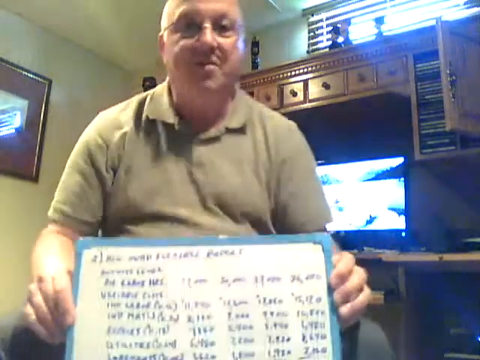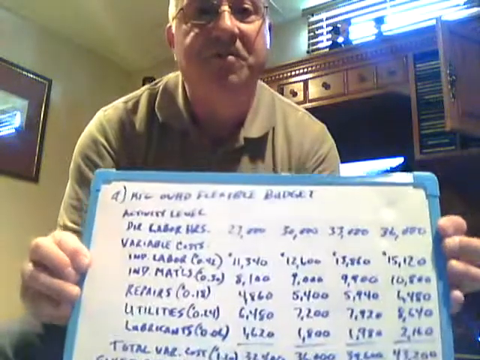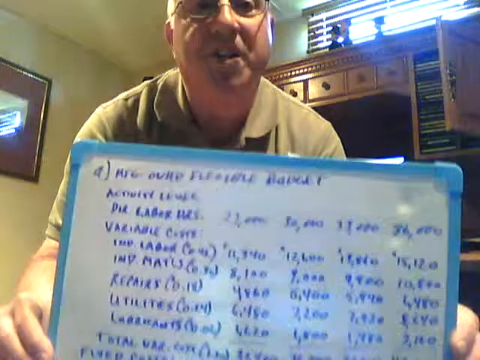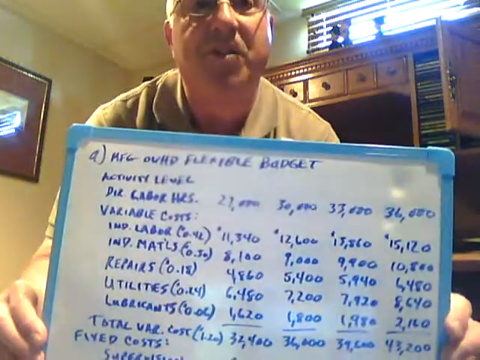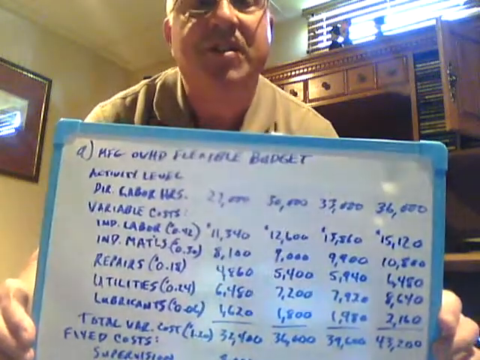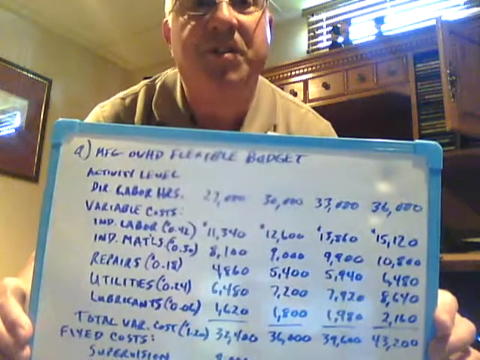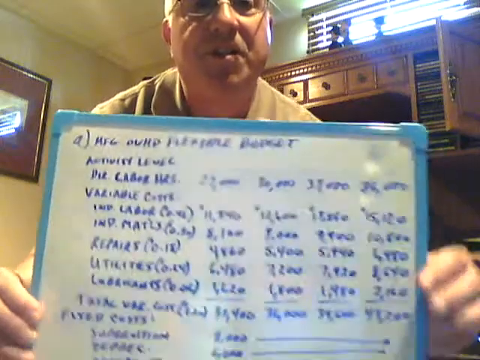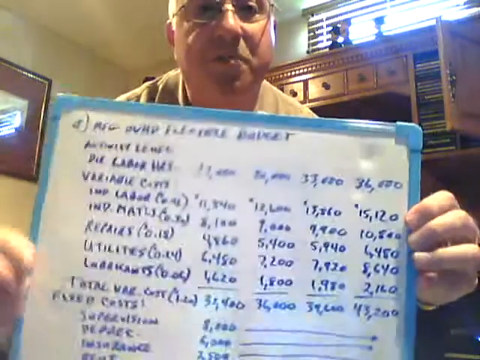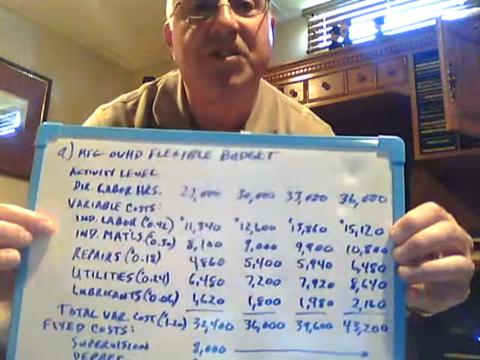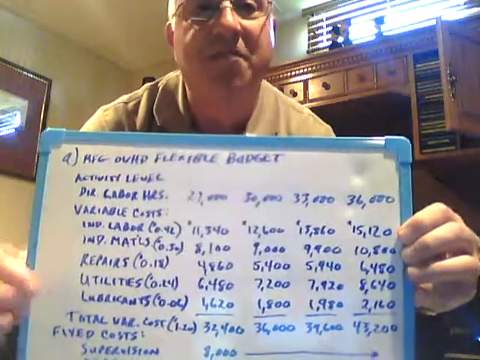So what you need to be able to do, of course, is work with the information given to develop that budget at each of these direct labor hour levels. So the first thing you need to do is determine what is the variable cost per hour in this case for each of these variable costs down the line.